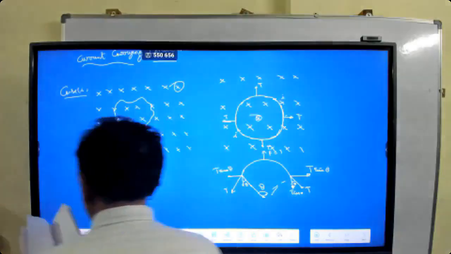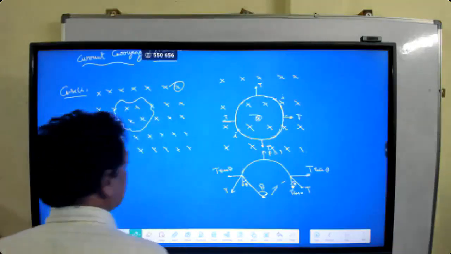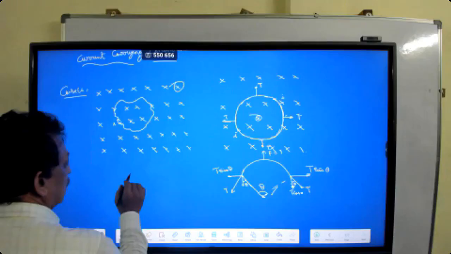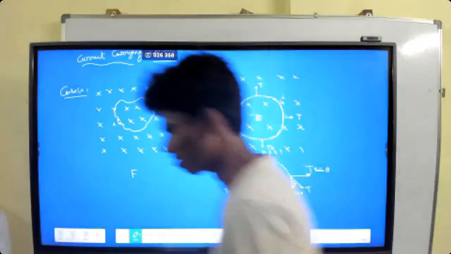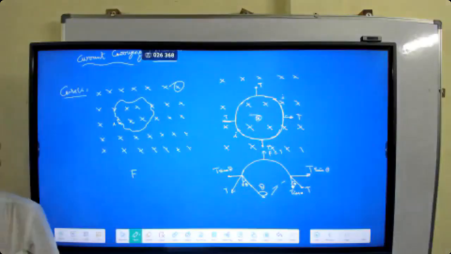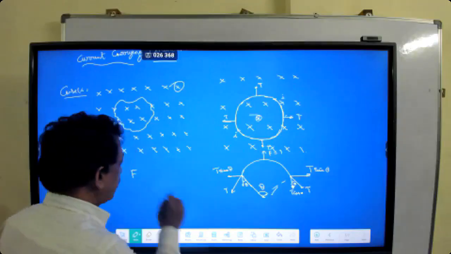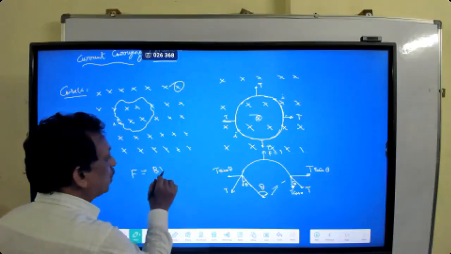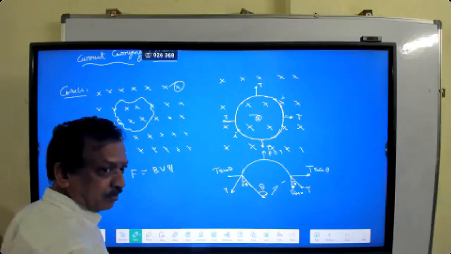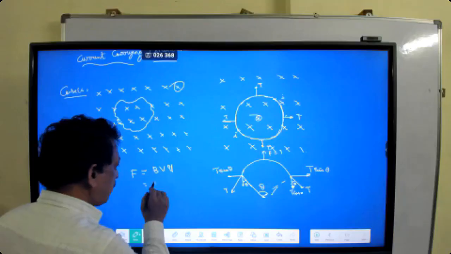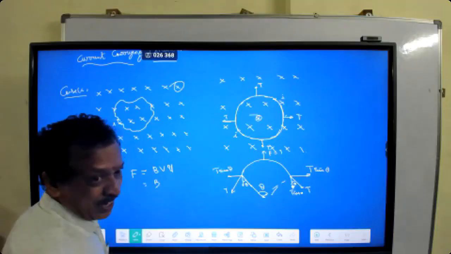Now for this tension T, what is the formula? Force F is equal to qVB, which we got previously. Here the velocity V, B, and because current is there, I am using current.